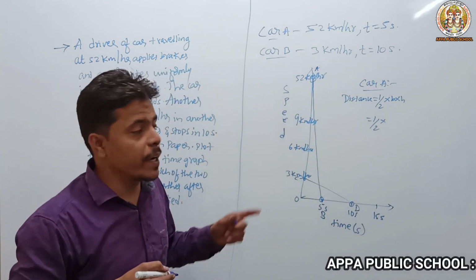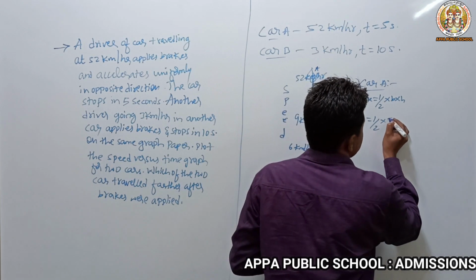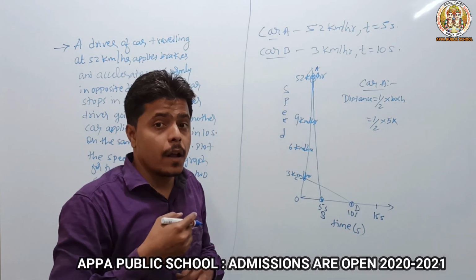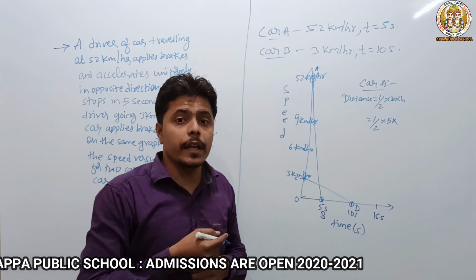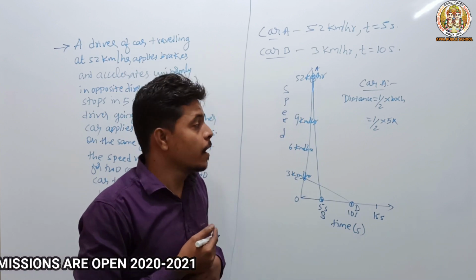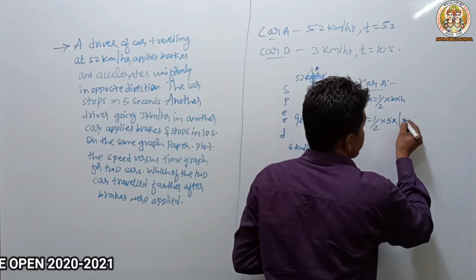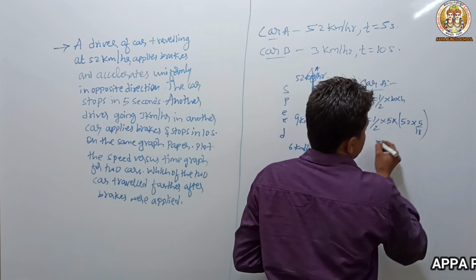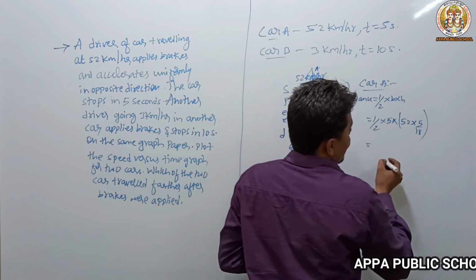So base we are going to take 5, and height is nothing but 52 km per hour. If you want to write 52 km per hour in meter per second, kilometer per hour into meter per second, I am going to write it in this way.